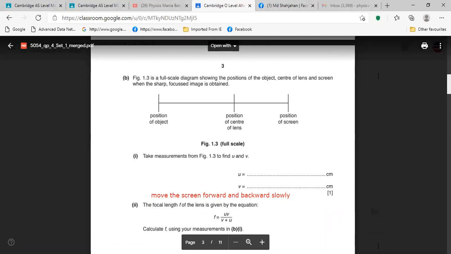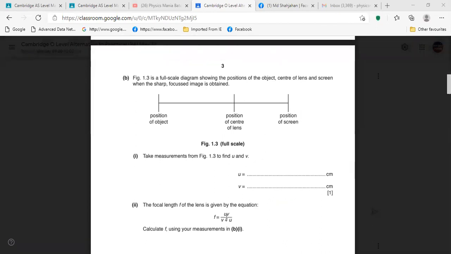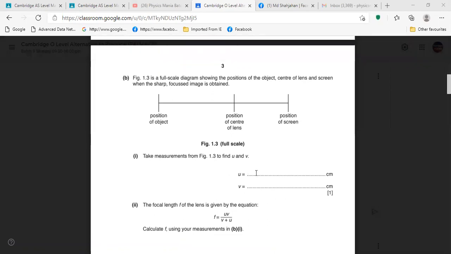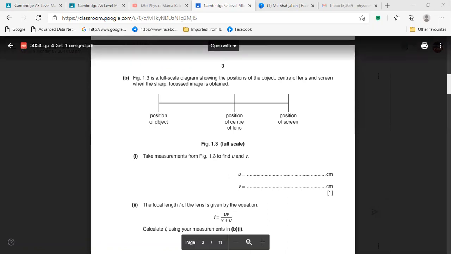So for this one you have to take the printout and get the reading. Have you taken the printout? Then check what is the value of u that came. From object to lens, it is 6 centimeter.